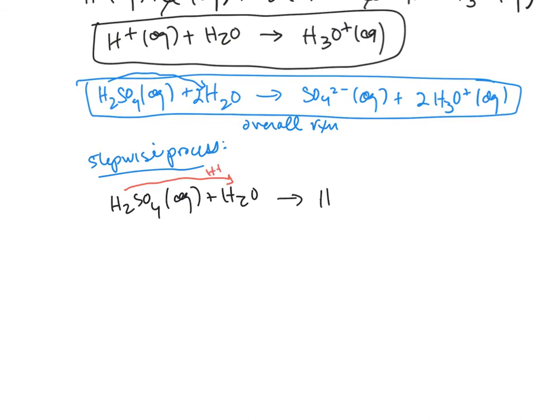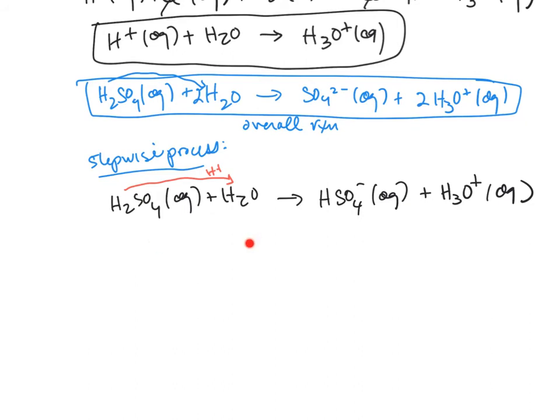So you're going to end up with hydrogen sulfate or bisulfate ion, because you remove one proton, and one hydronium ion, like that. And then in the next step, we take this hydrogen sulfate and we put it as a second step in the reaction.